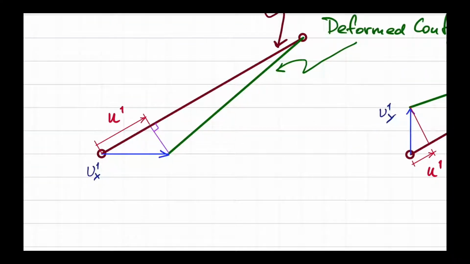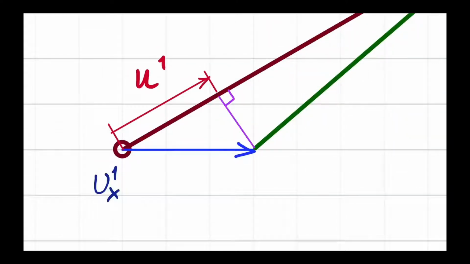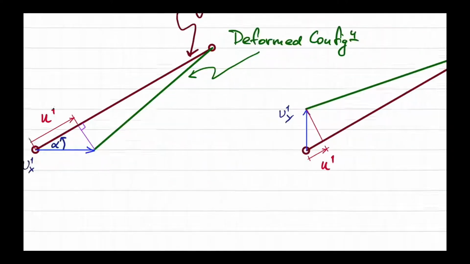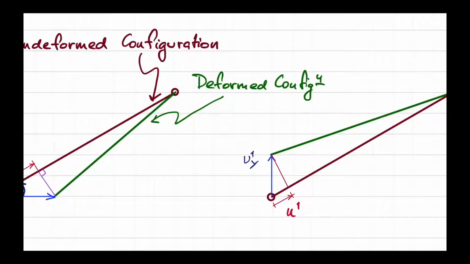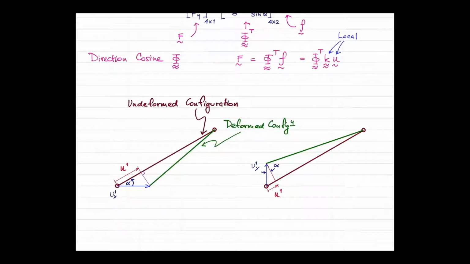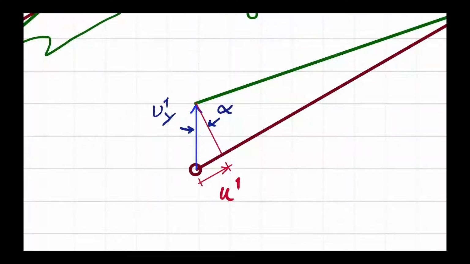The angle we have, the orientation, we have the alpha orientation. Measured like this, if you get the alpha there, then this angle is going to be alpha too, right? And this is the right angle.